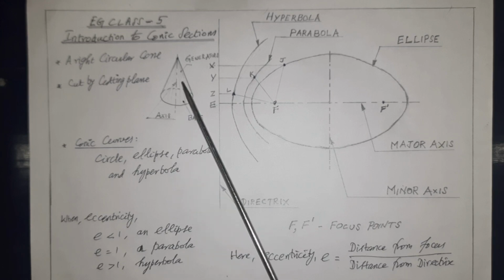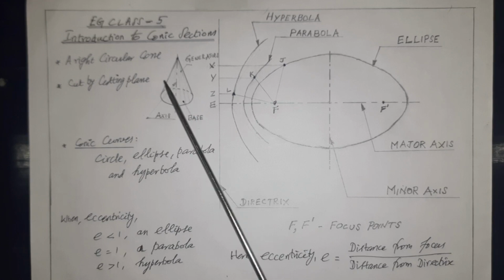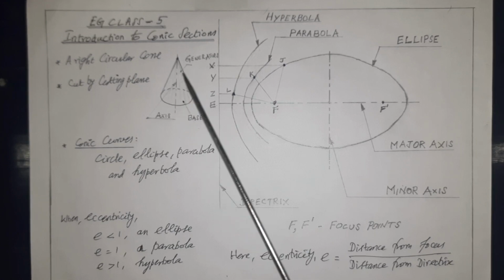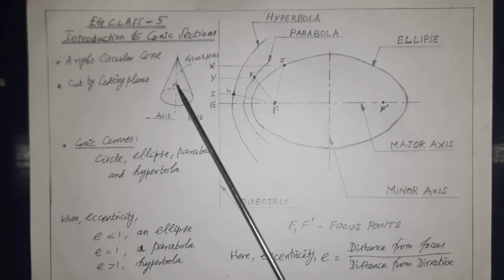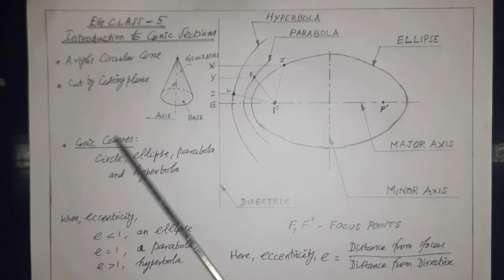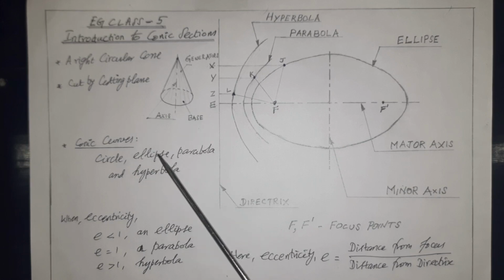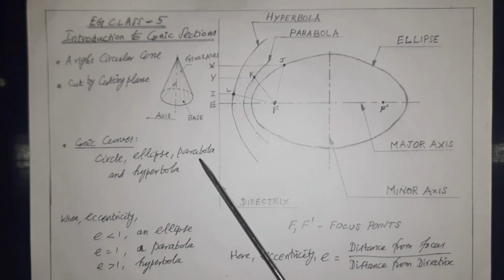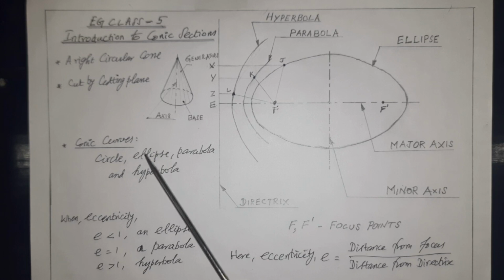When this is assumed to be cut by a cutting plane at different angles, that is, the cutting plane may cut parallel to the base or at some angle, in those cases, we can get profile curves like circle, ellipse, parabola and hyperbola. These types of curves are called conic curves.